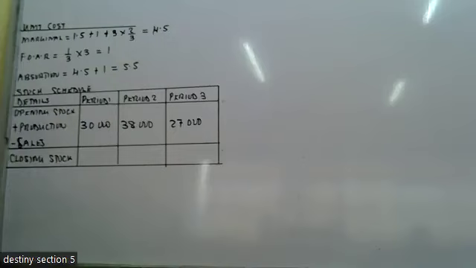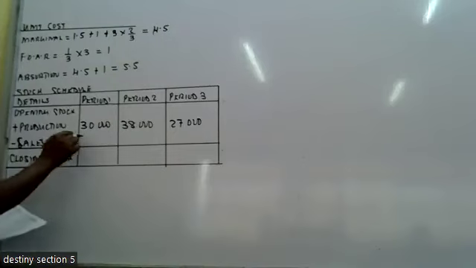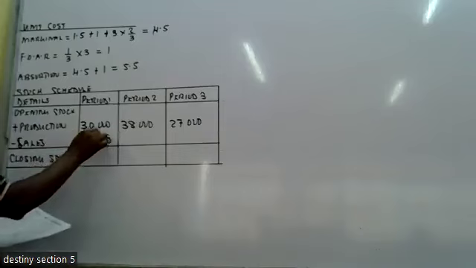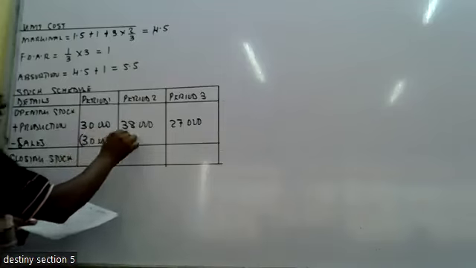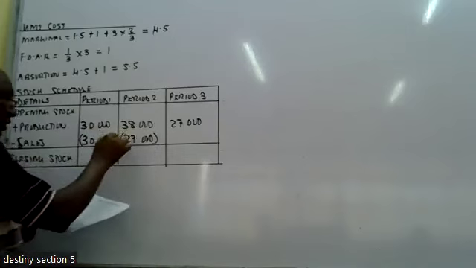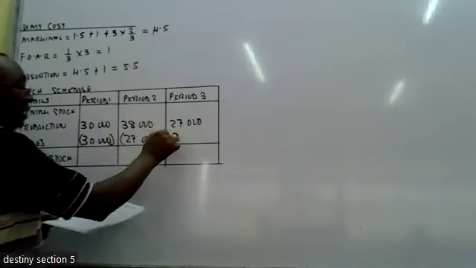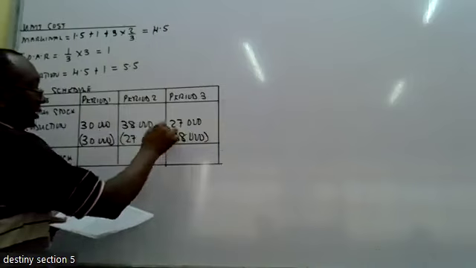The next item we are given is sales. So sales here it is 30,000, which is supposed to be negative. Here it is 27,000, which is also negative. And here it is 38,000, which is negative.